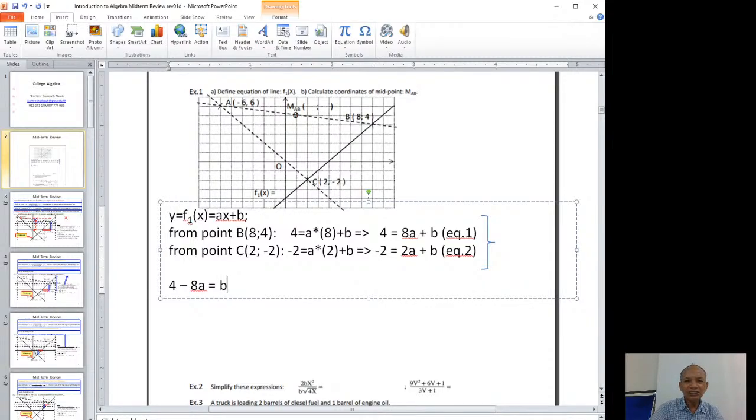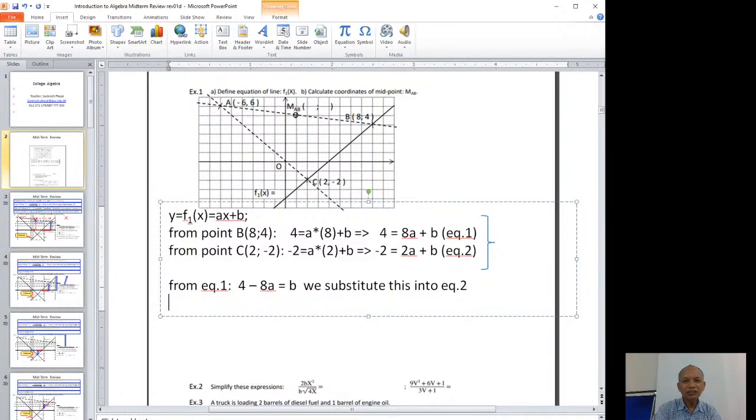From the above, we move 8a to the left-hand side across the equals sign, so plus 8a becomes negative 8a, and we are left with b on the right-hand side. So from equation 1 we get this, and then we substitute this into equation 2.